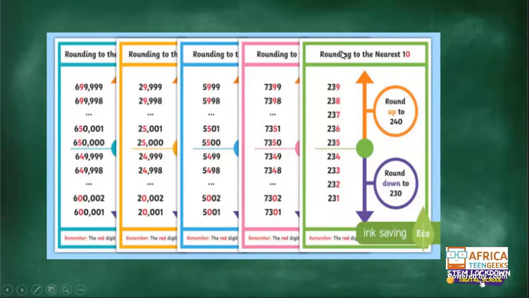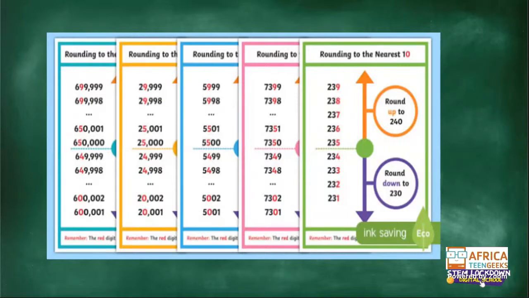So we're rounding to the nearest 10, the nearest 100, the nearest 1,000, the nearest 10,000, and the nearest 100,000. Here we have 239, 238, 237, 236, 235, right? So right from 235 upwards, we will round up to 240.